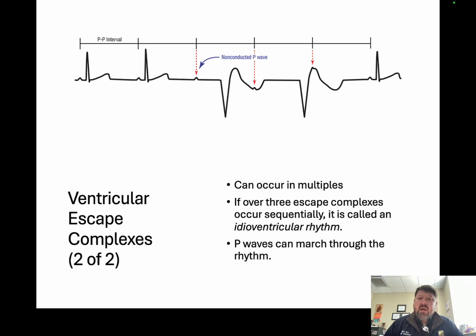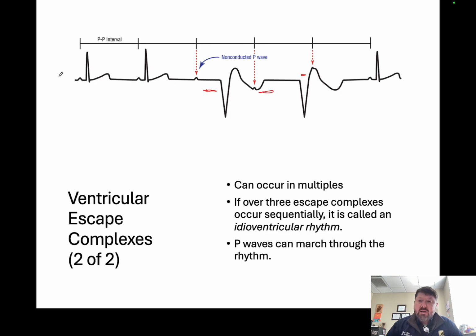Ventricular escape complexes can occur singly or in pairs, as illustrated here. Note there are P waves occurring at a regular interval, but they're not capturing these ventricular complexes. If three or more of these escape complexes occur sequentially, back to back to back, then it's called an idioventricular rhythm.